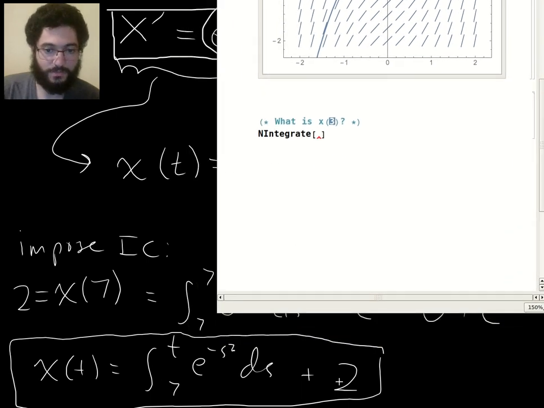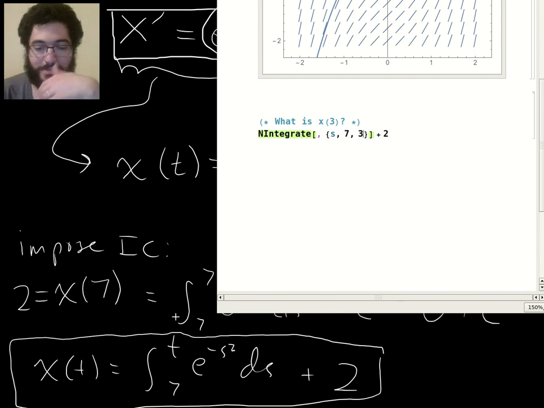So the answer is whatever this evaluates to when t is 3. That would be some integral plus 2. Here's how I could compute that integral. Let me first fill in the bounds of the integral. It's from s equals 7 to s equals t, which is 3, because I'm doing t equals 3 here.